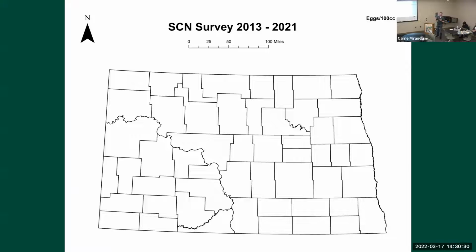And now I want to show some maps of a grower-based sampling program that was supported by the Soybean Council, where growers could send in soil samples to get egg levels results. So we can basically just get a survey of egg levels.